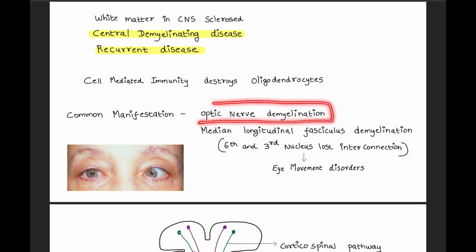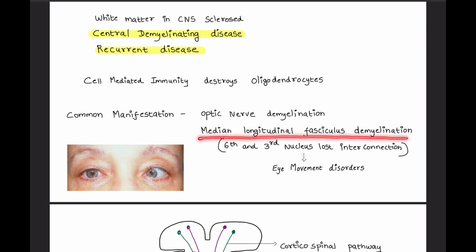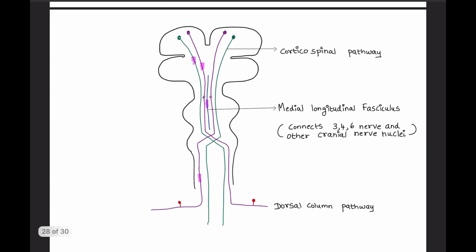There is demyelination of the optic nerves, and the medial longitudinal fasciculus is also demyelinated. So here you have the degeneration of your medial longitudinal fasciculus tract, then degeneration of the corticospinal tract, and degeneration of the dorsal column tract.